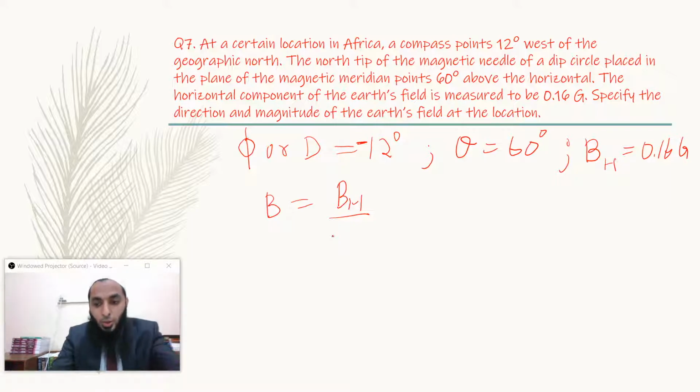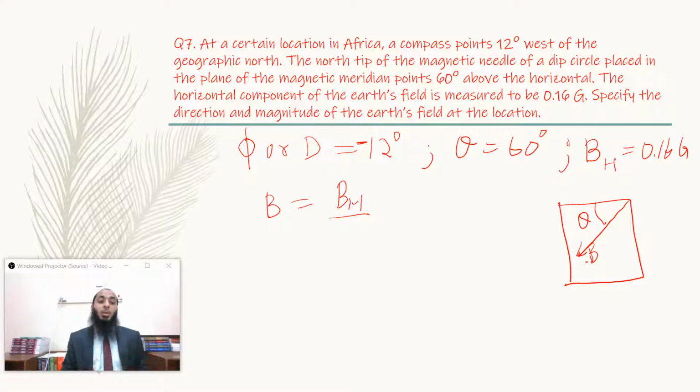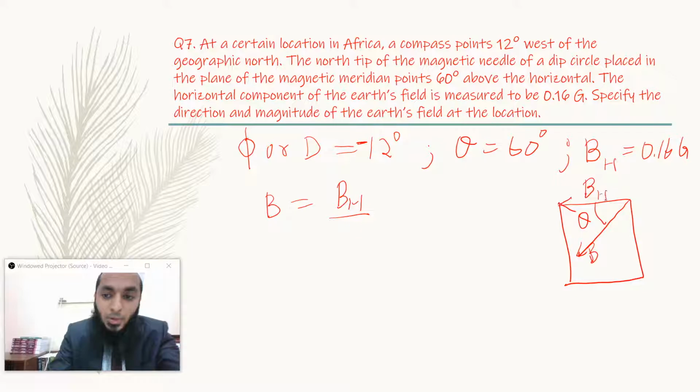Magnitude is nothing but B is equal to BH divided by what? See, I'll show you with the figure so that it will be clear to you. So this is the angle of dip, and along the angle of dip you have the resultant or the actual magnetic field, and this component is BH, which is the horizontal component. So the horizontal component is given, and we know that B cos theta will be BH. So what will be B?